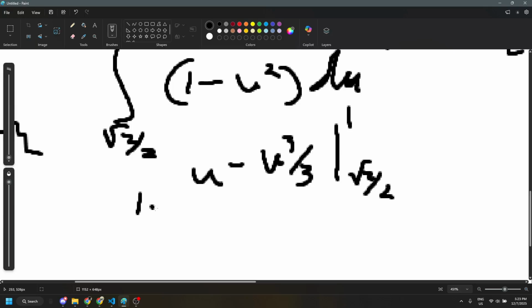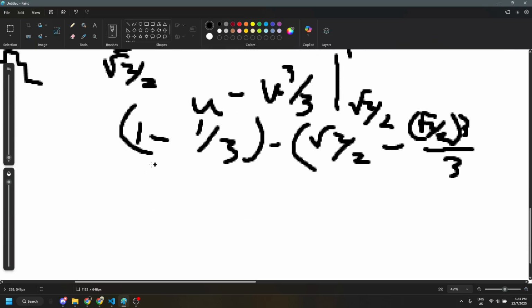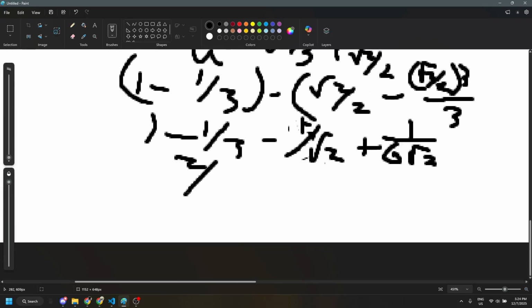So that gives us 1 minus 1/3 minus root 2 over 2 minus root 2 over 2 cubed over 3, which is 1 minus 1/3 minus root 2 over 2, plus 1 over 6 root 2. So this gives us 2 over 3.